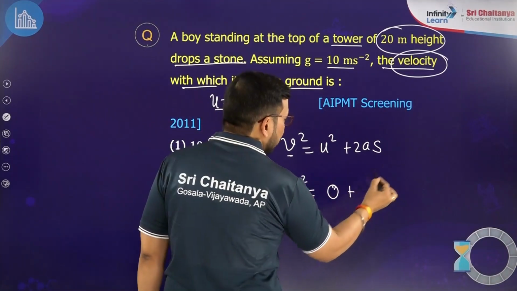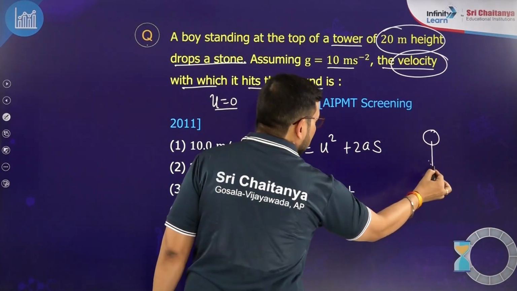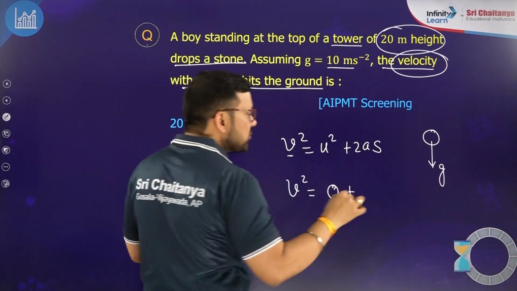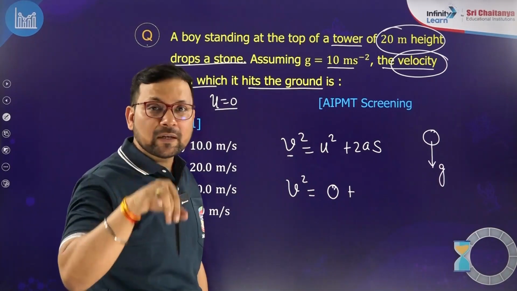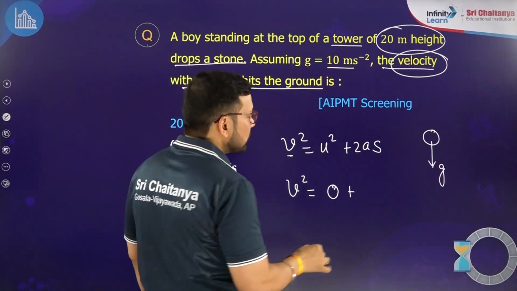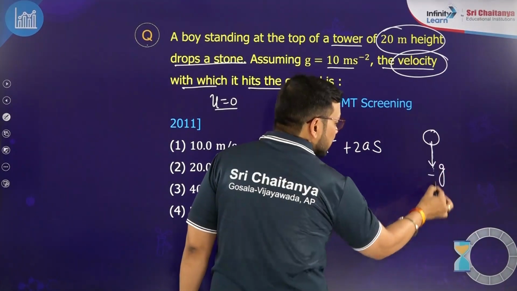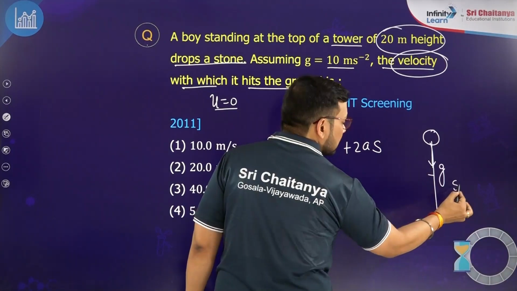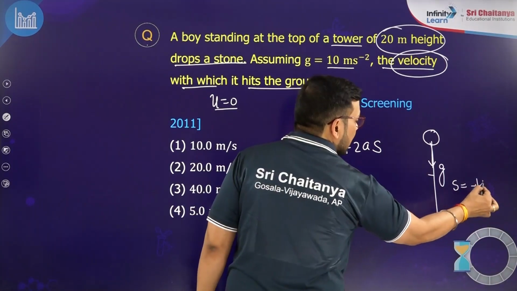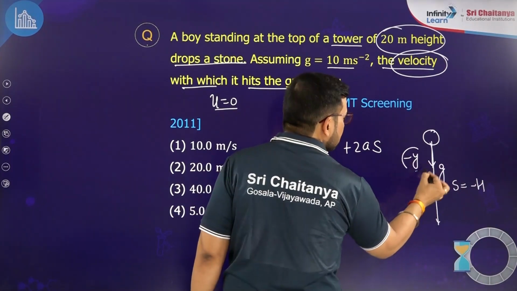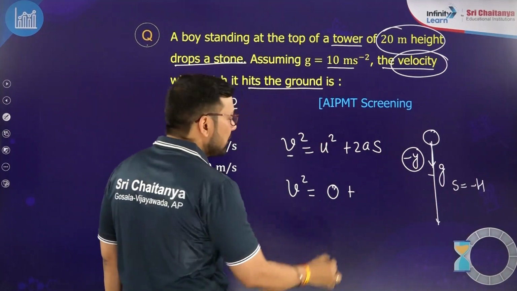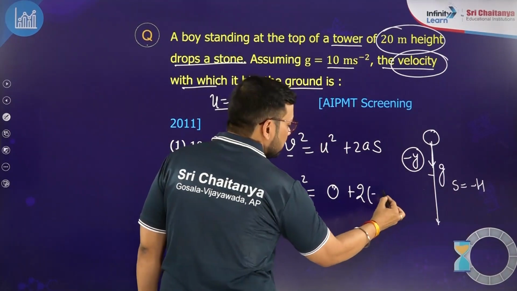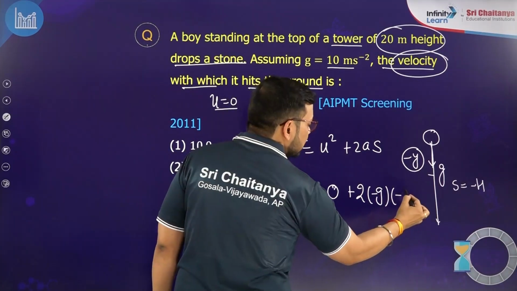0. Where is g acting when you are dropping it? Downward. For the conventional axis, downward is negative. So it will be minus. Displacement is also covered downward, that is equal to height, and the downward axis is minus y. So it has to be minus as well. So you will write 2 times minus g times minus h.